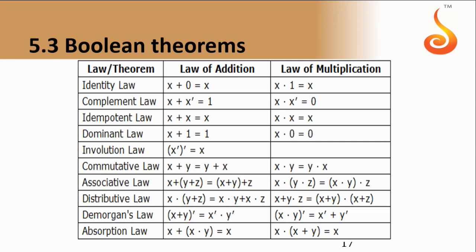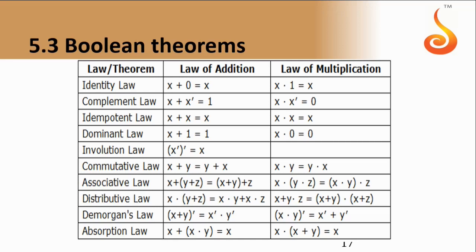Next is dominant law. When the variable is ORed with 1, the result is 1. When a variable is ANDed with 0, the result is 0. So, this is dominant law.